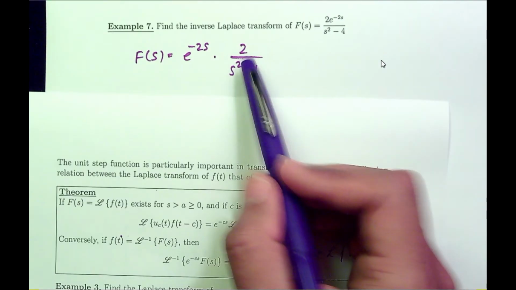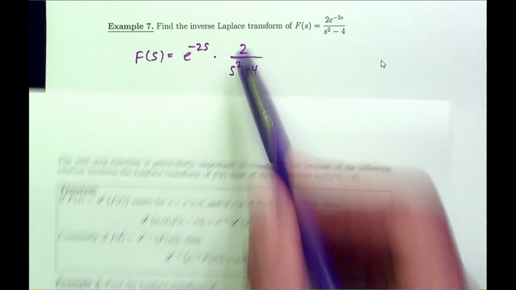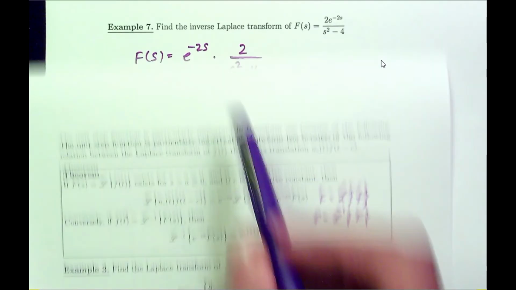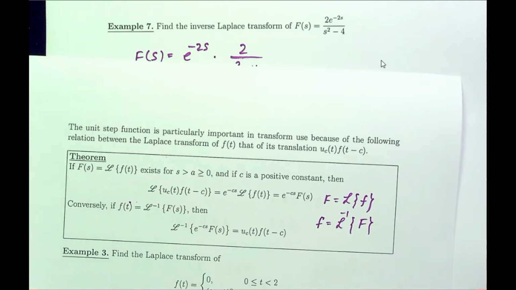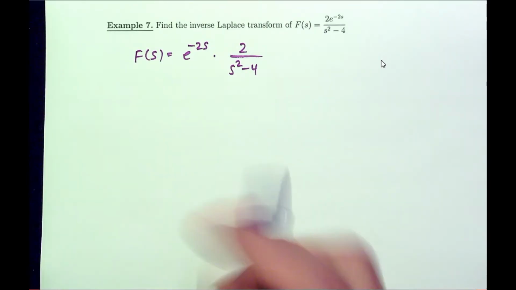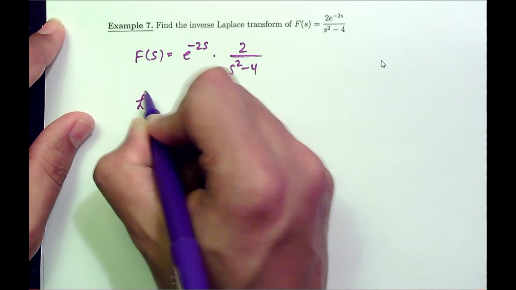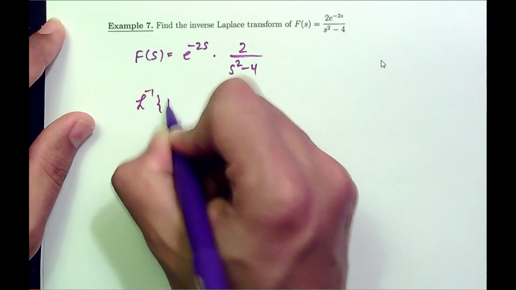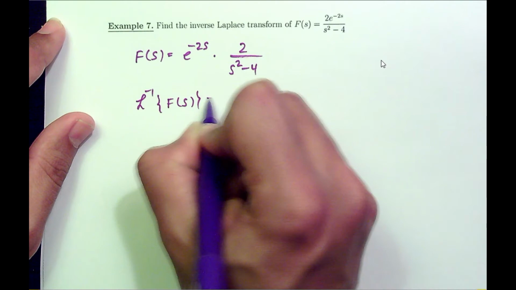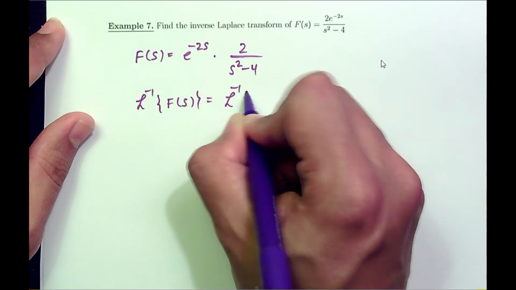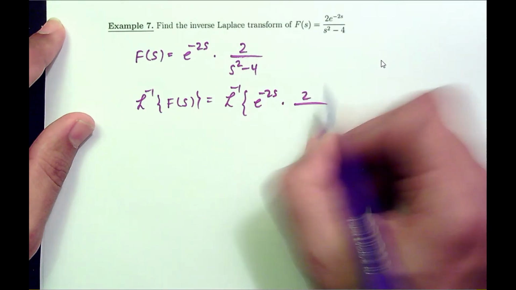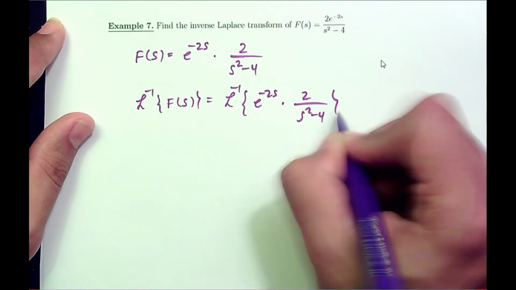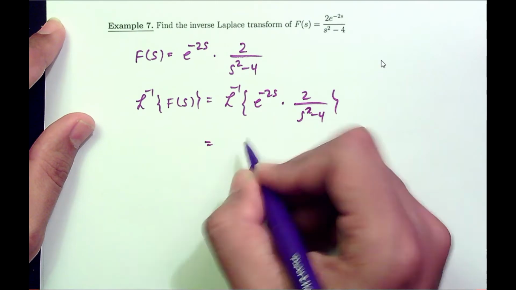Okay, so this part right here is this part, and that part is that part. So according to this formula, the Laplace inverse of this is going to be what?